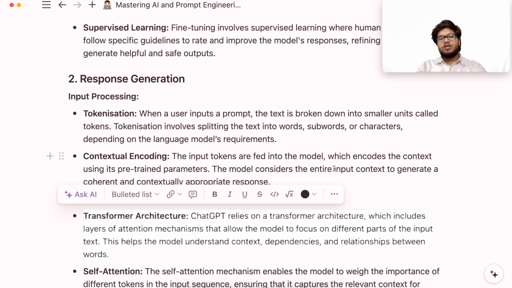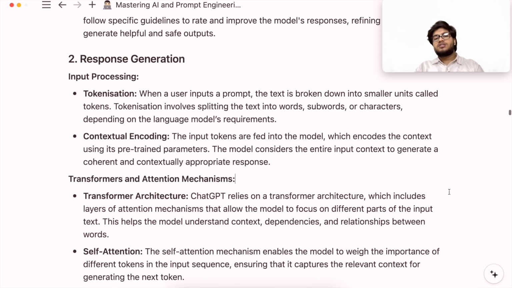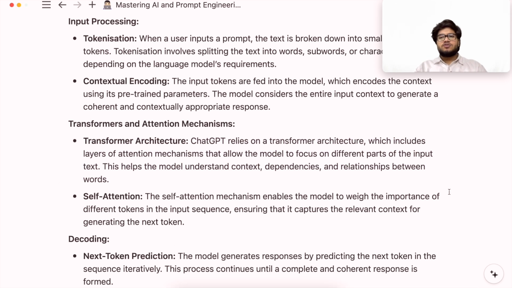This helps the model understand context, dependencies, and relationships between words: what the words are, what verb is used, what noun is used. It breaks everything down and starts to recognize and understand what the prompt is. Now, self attention.